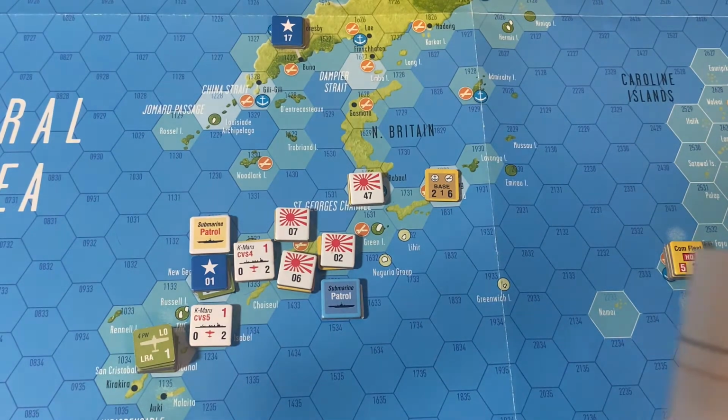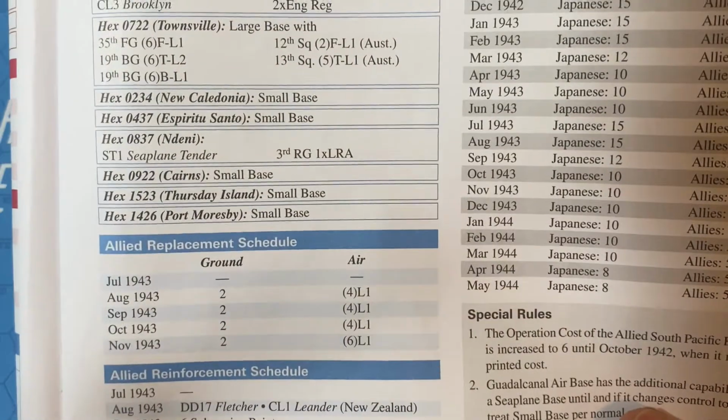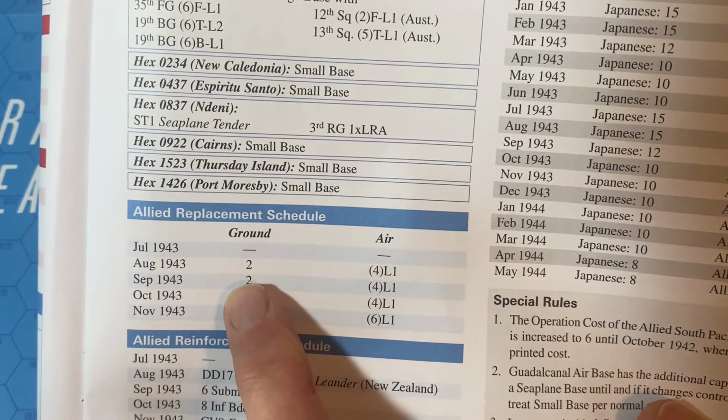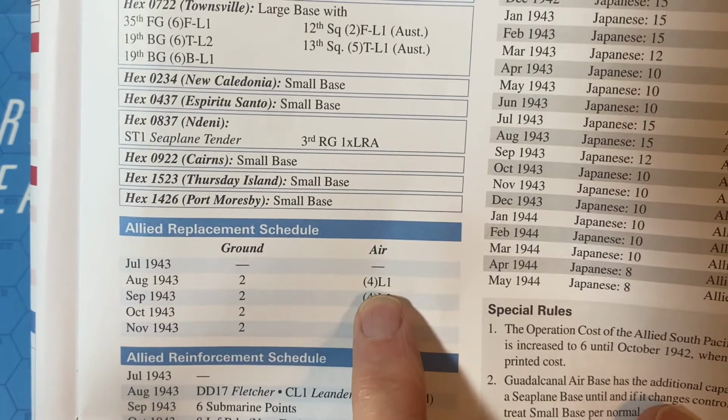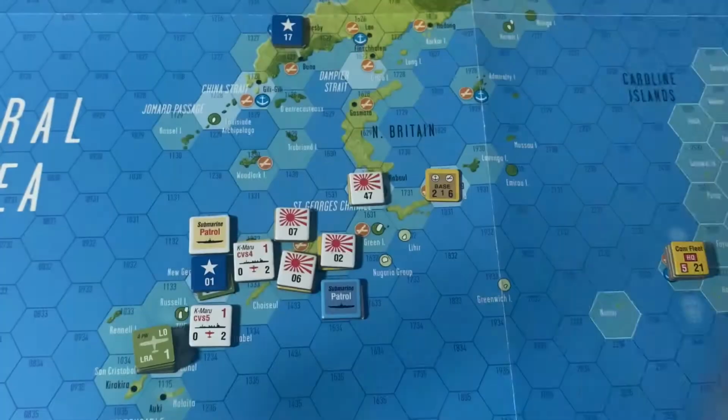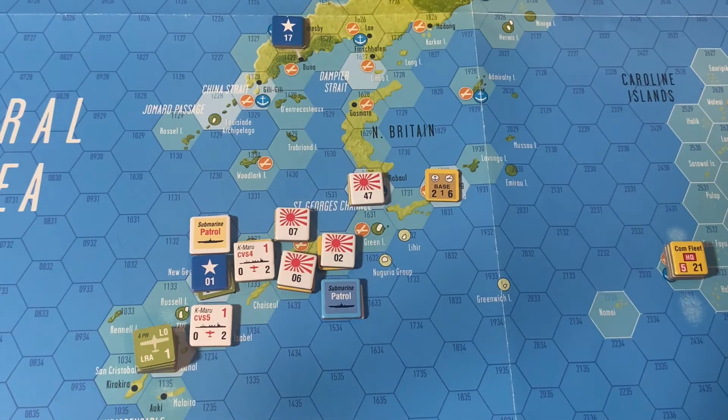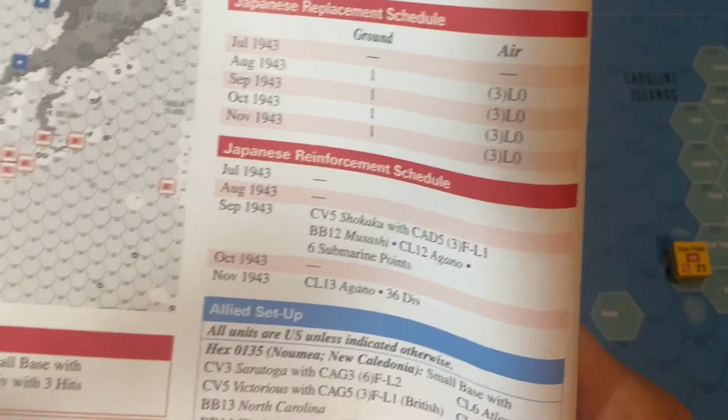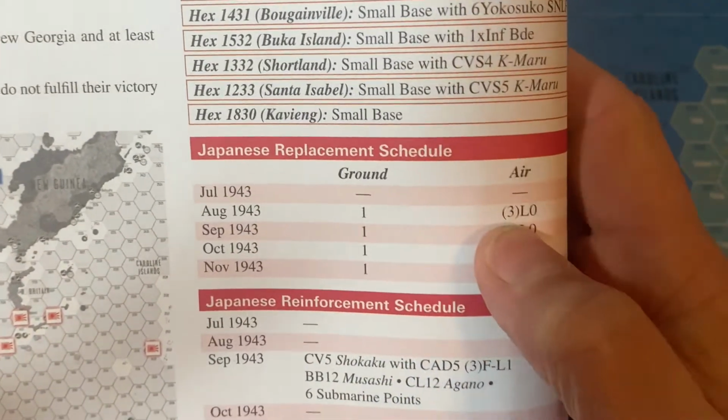So if you see here, the Allied has 2 ground replacements and 4 level 1 air. And the Japanese in August, every month actually in this scenario, they have 1 ground and 3 level 0.